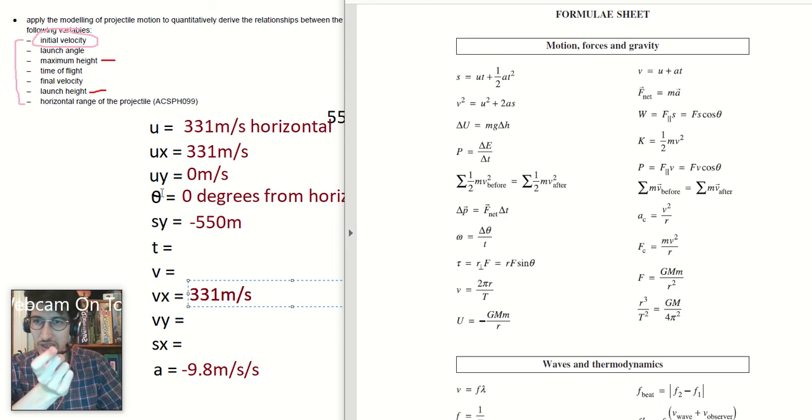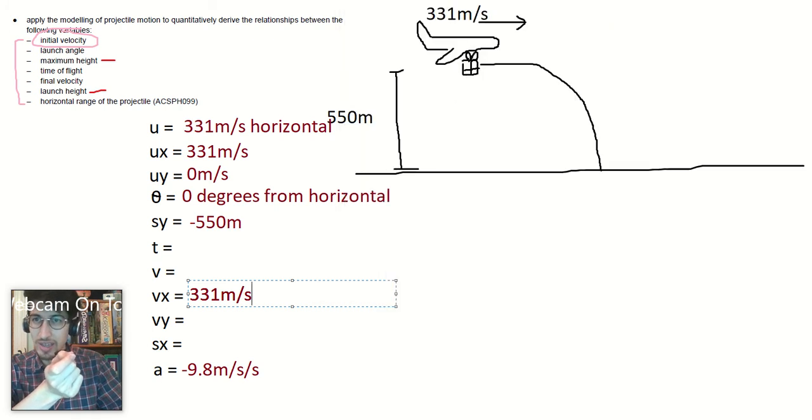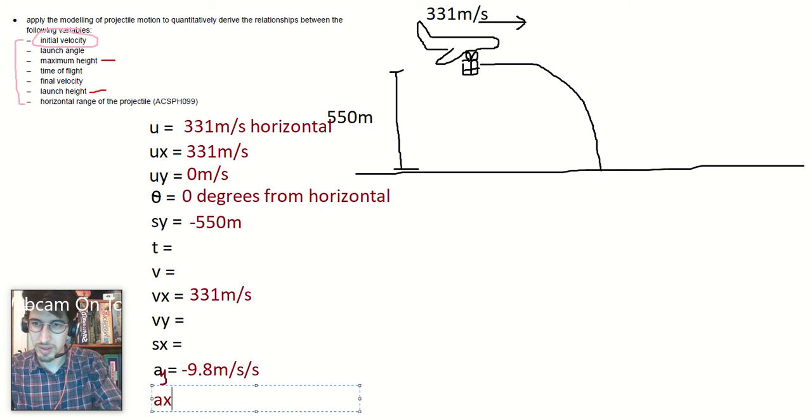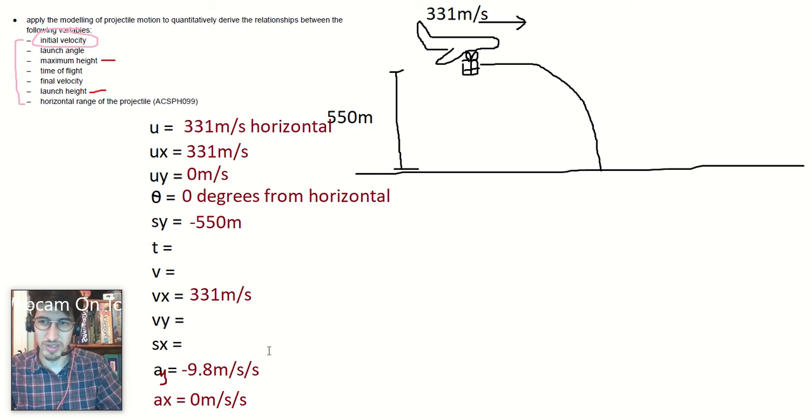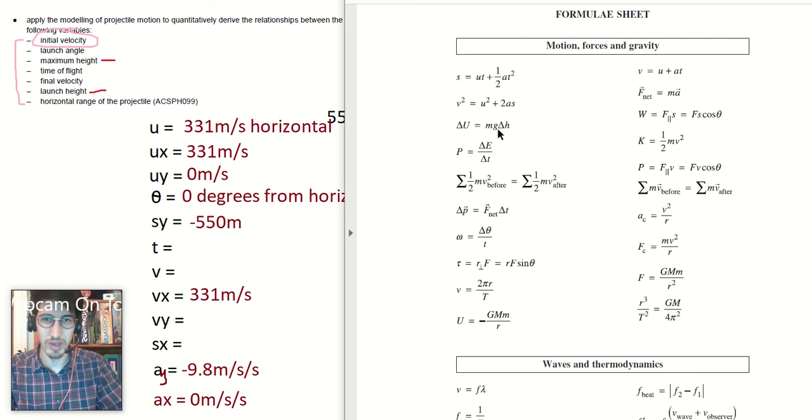U has to be Uy, vertical, because A is going to be negative 9.8, which I probably should write in here, is the vertical acceleration, Ay equals negative 9.8, because Ax is 0 meters per second squared, and A overall is going to be some beast which changes constantly over time, which we do not want to deal with if we can avoid it.